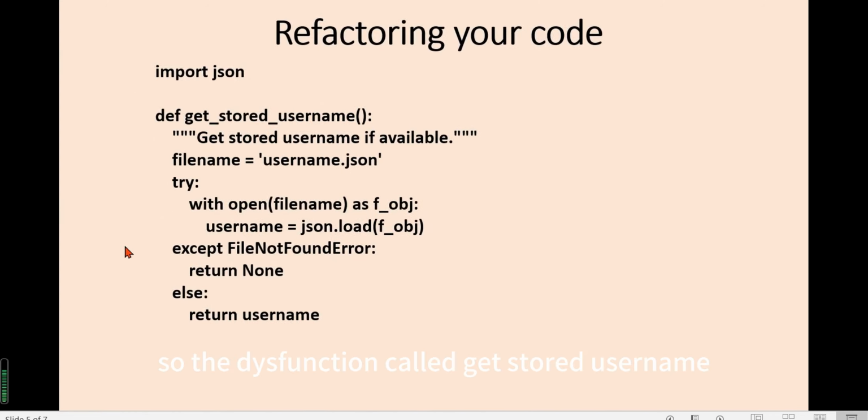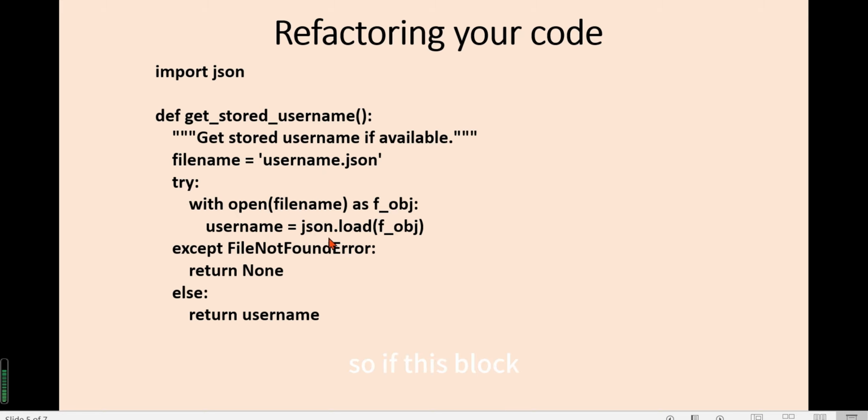So this function is called get_stored_username. We will try to get the stored username from username.json in the working directory. So the try block is much simpler. We just try to open this file as an object and read and load the information from this file.